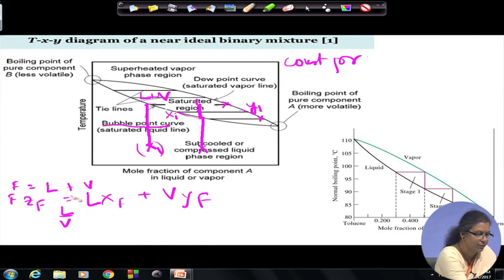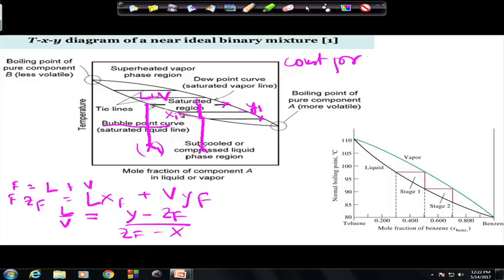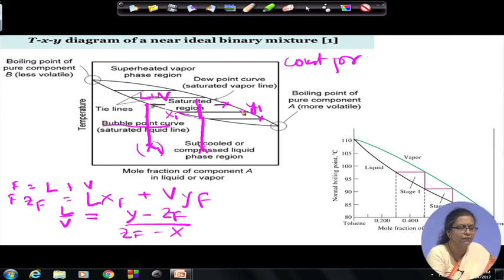So, substituting this here, we get L by V is nothing but equal to Y minus ZF by ZF minus X. So, therefore, I get two things. From the tie lines, I get the equilibrium values of the composition in the liquid phase and the vapor phase. I also get the proportion of liquid and vapor which is formed from this particular feed.